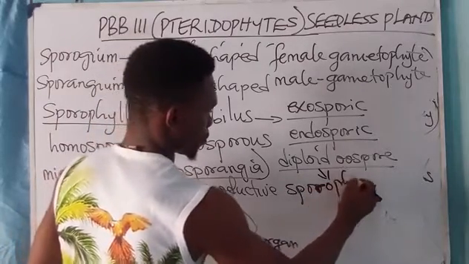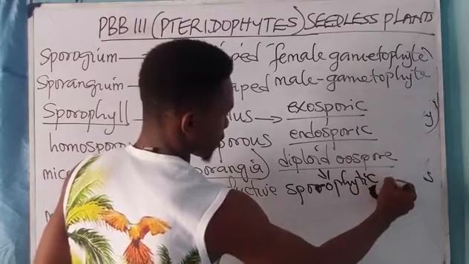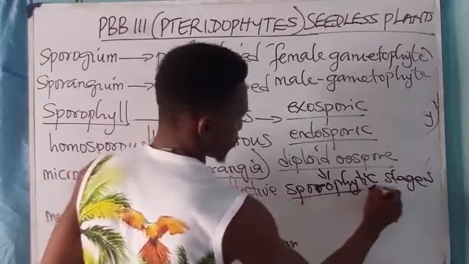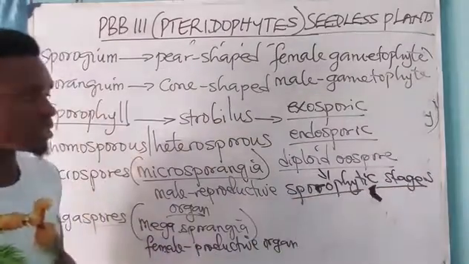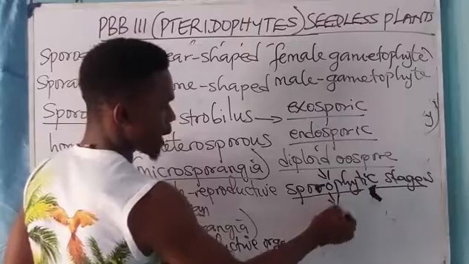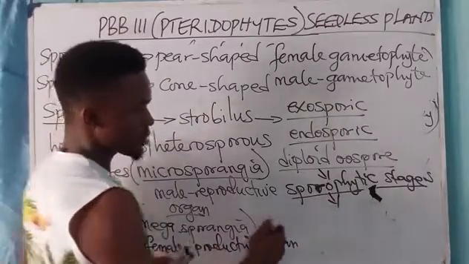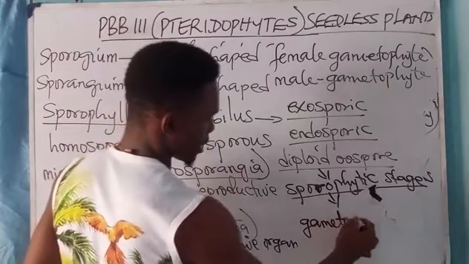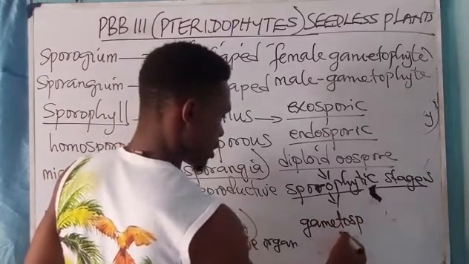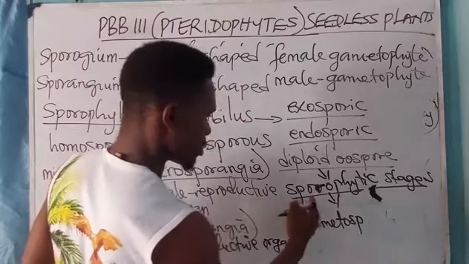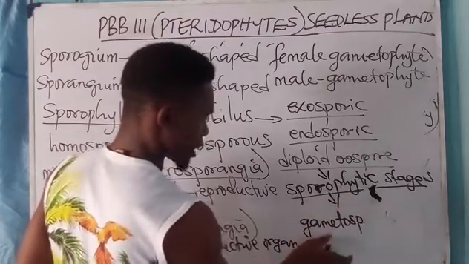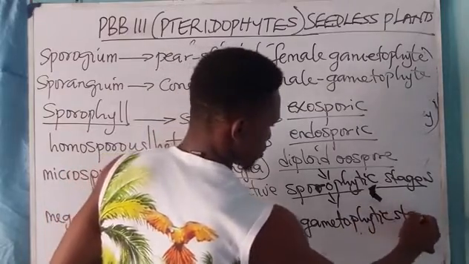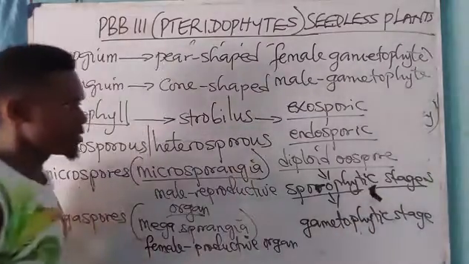The sporophytic stage, and this sporophytic stage will now undergo meiosis to produce the gametophytic stage. Please take note of that.